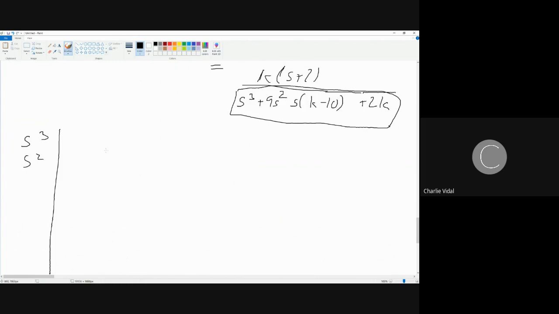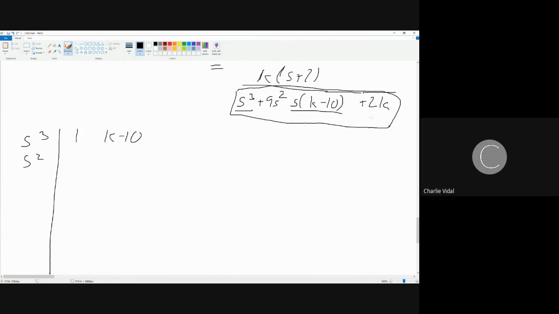So we have s cubed. This row is going to be 1. Okay, so let me actually highlight these. So it's going to be this, and actually that's it, right? Yep. k minus 10.